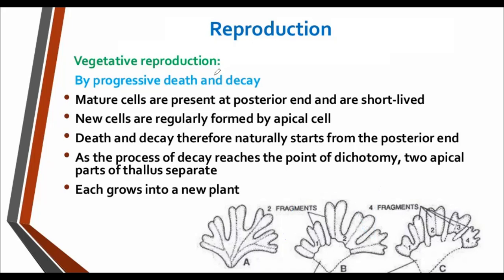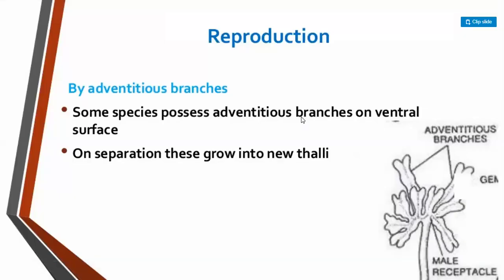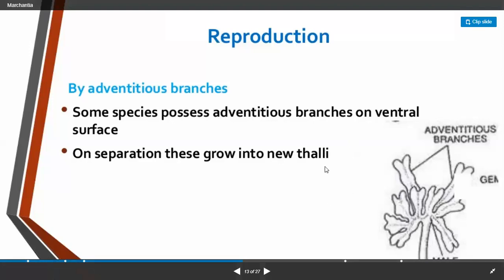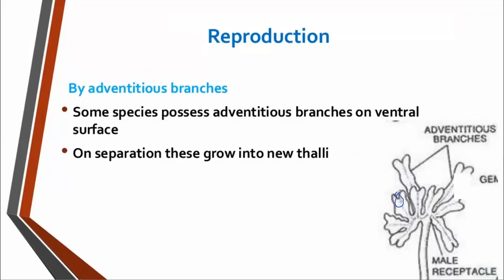The second method of vegetative reproduction is the development of adventitious branching. What is this adventitious branching? It is a special type of branching. Normal branching occurs at the apical ends of the thallus where the notch is present, whereas adventitious branches develop from the lower part of the thallus, that is, the ventral part, the part where the plant faces downwards.